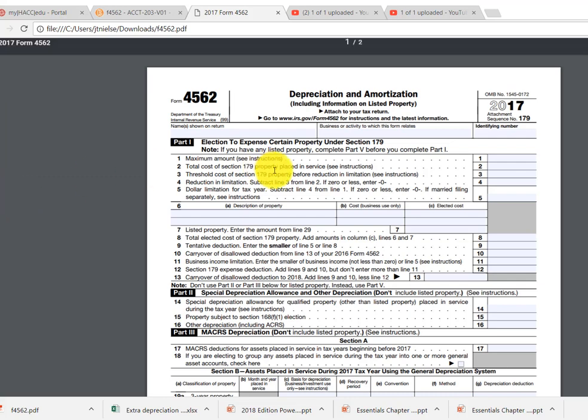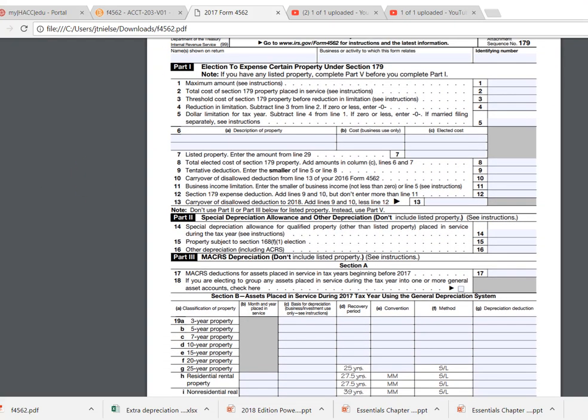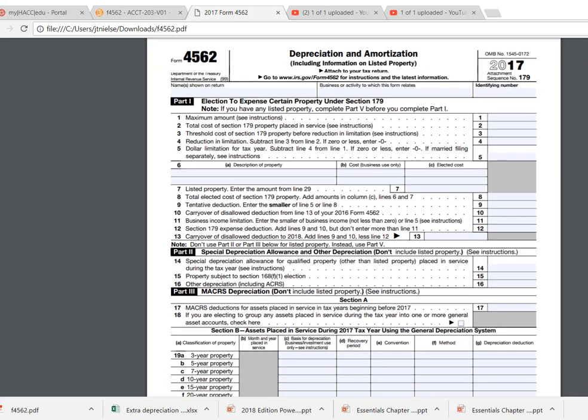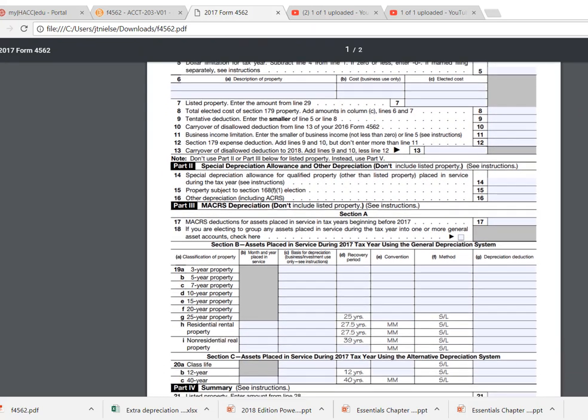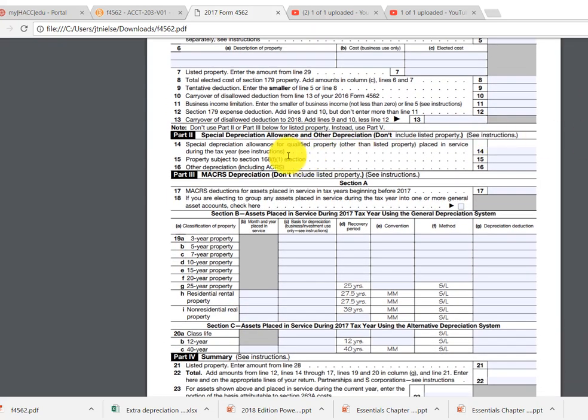And then I want to spend a little more time than we did in the slides on Form 4562. We talked about this top part, Part 1, having to do with Section 179, but we didn't go down to Parts 2 and 3. So Part 2 is where you would put special or bonus depreciation, all lumped together.